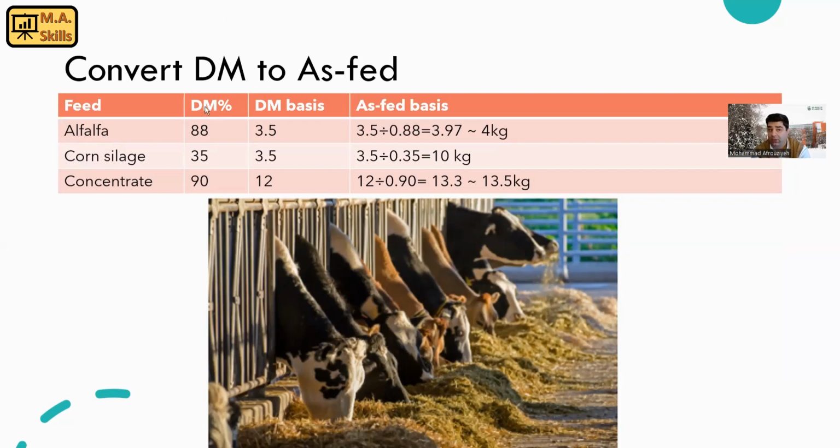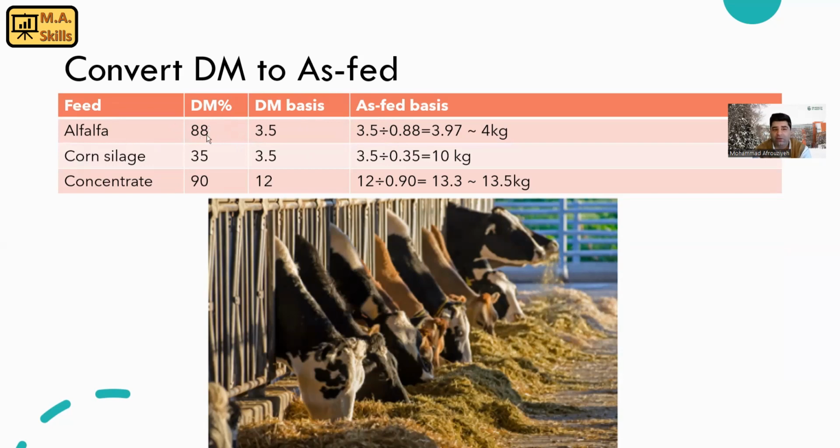And we already know the amount of dry matter in our ingredients. Now, to convert it from DM or dry matter to as fed, you need to divide the amount of ingredient by the amount of dry matter.